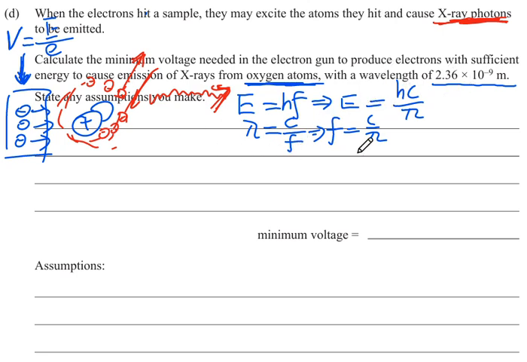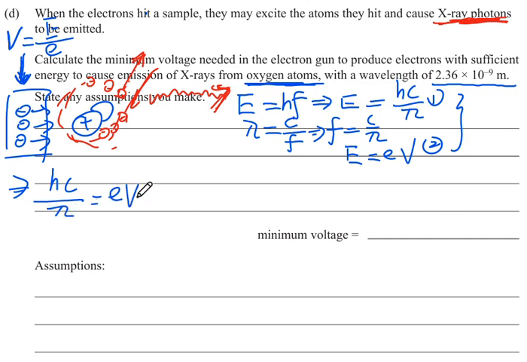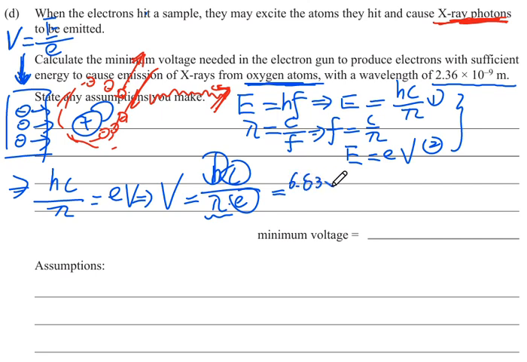So we also have this energy E is going to be eV. So we connect this 1 and this 2, so we can have hc over lambda is going to be equal to eV, and then your V is going to be hc over lambda times e. Now we have h as a constant, c as a constant, e as a constant, and the lambda is given.